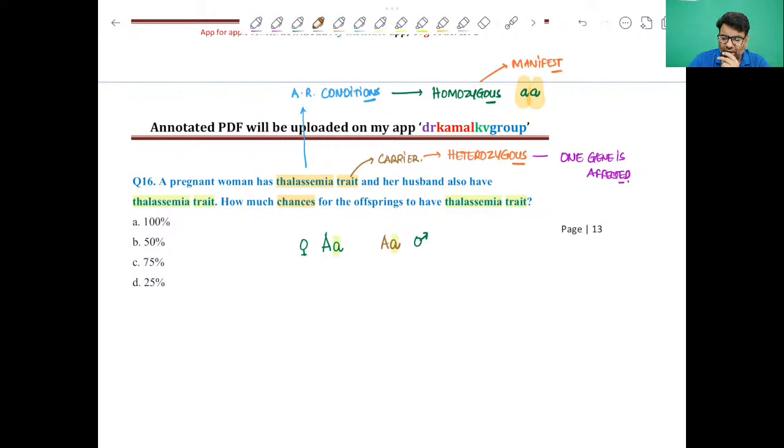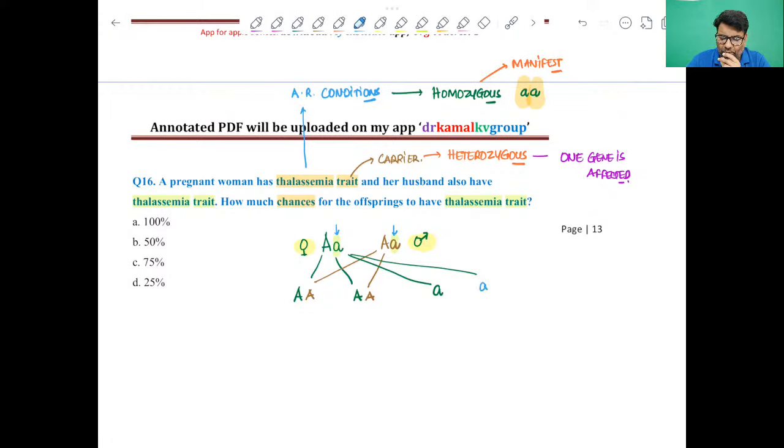So let us see now what can be the outcome of this couple. So this is the mother, this is the father. So what outcome we can have? We can have A here, and then we can write A and A here, okay? Then we can write A here and A here. So what will happen? Only one of the four will have the homozygous state here.